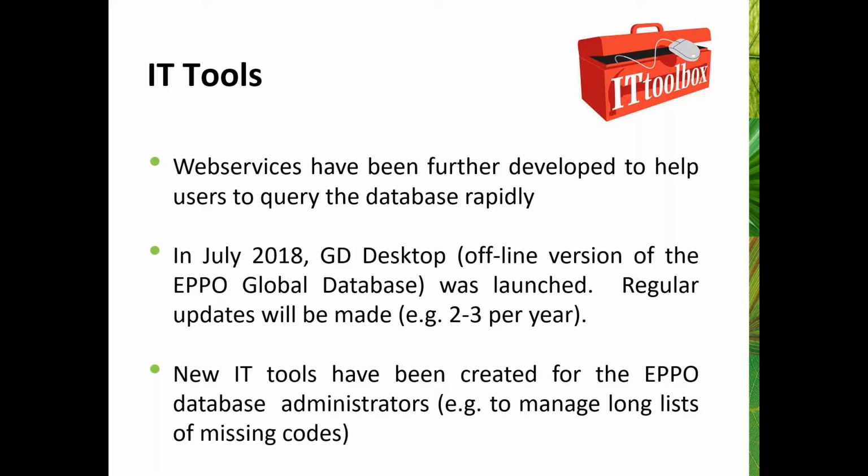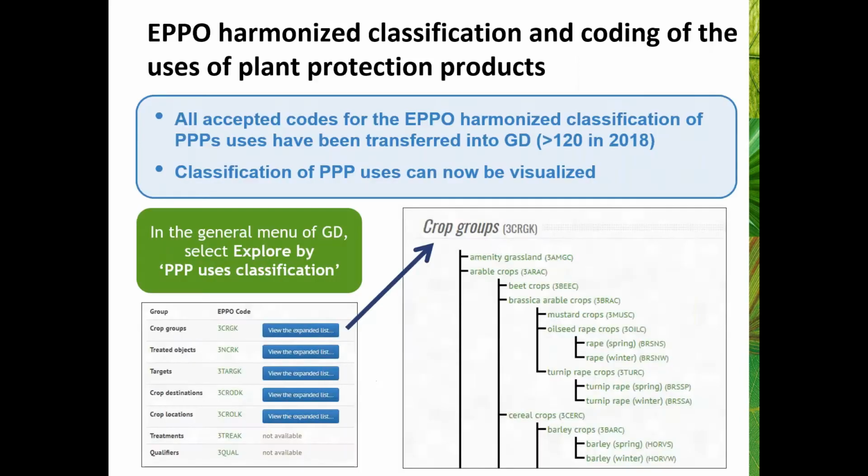And so we plan to release regular updates of GD Desktop. And of course, you don't see it, but new IT tools have been created for us, the administrators of the database, and in particular to help us when we receive a long list of codes to create.